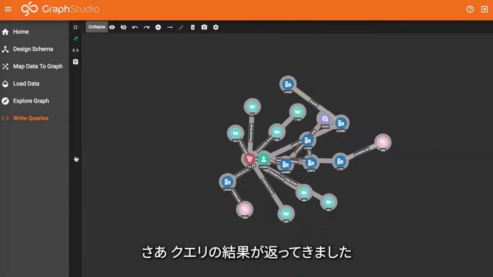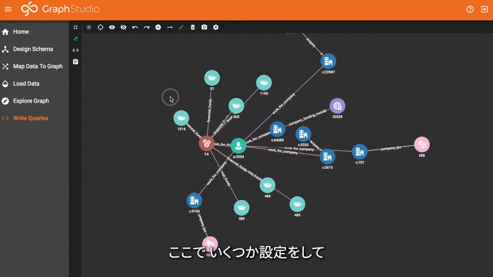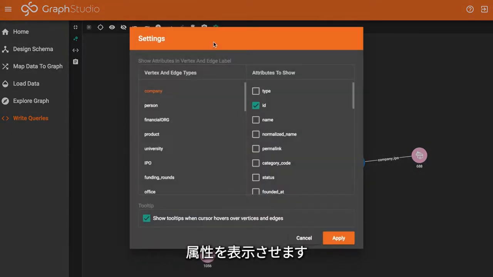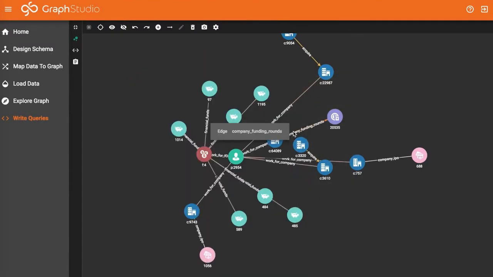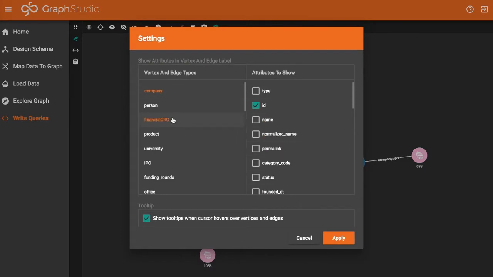So here's our query result. Let's set some settings here so we can display some of the attributes. For company, we want to see the company name. And for person, we also want to see the name.